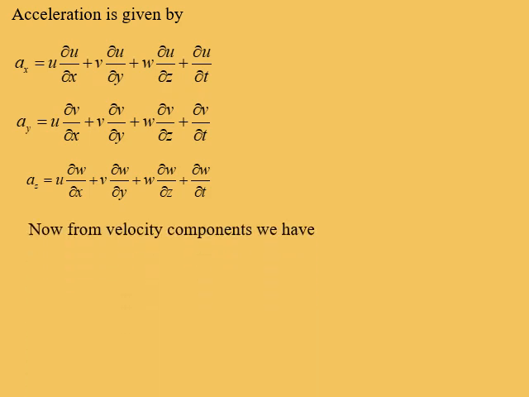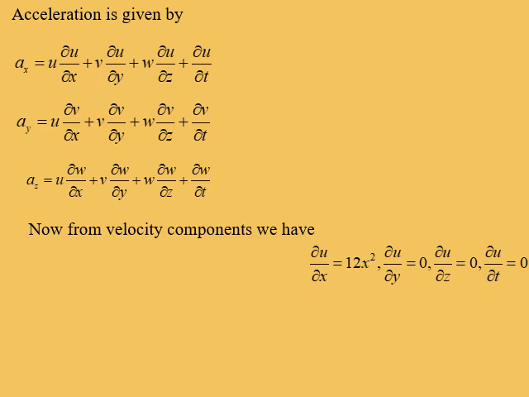So now, from the velocity components, find the values of each term in these expressions. There is a partial derivative here: dou u by dou x is equal to 12x square, since you know the u value, that is 4x cube.